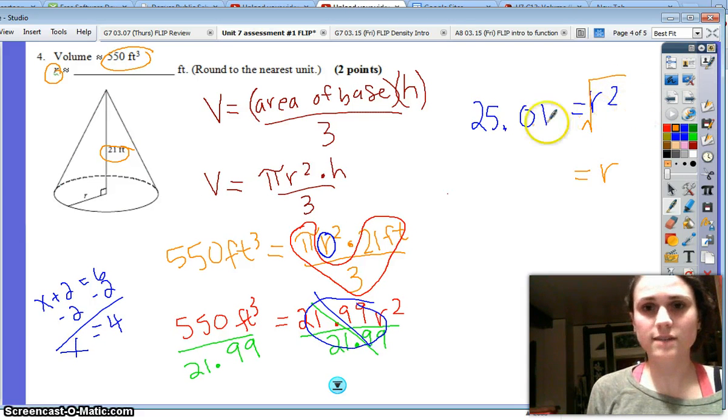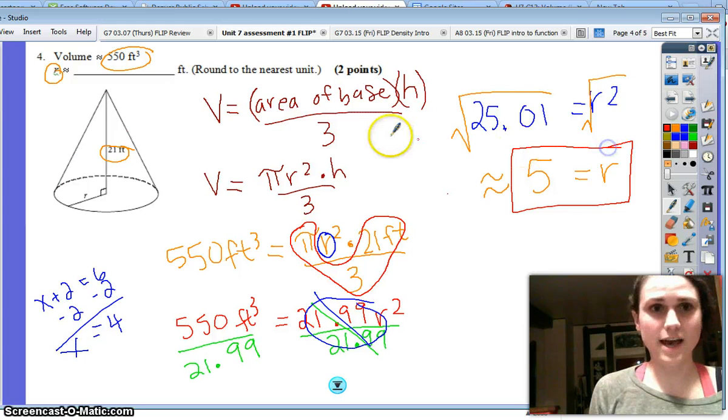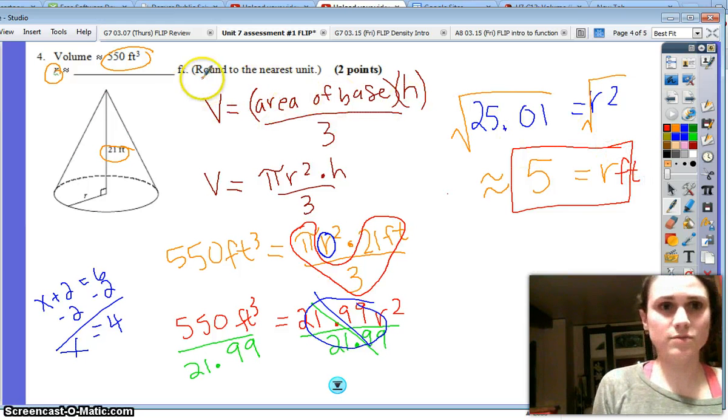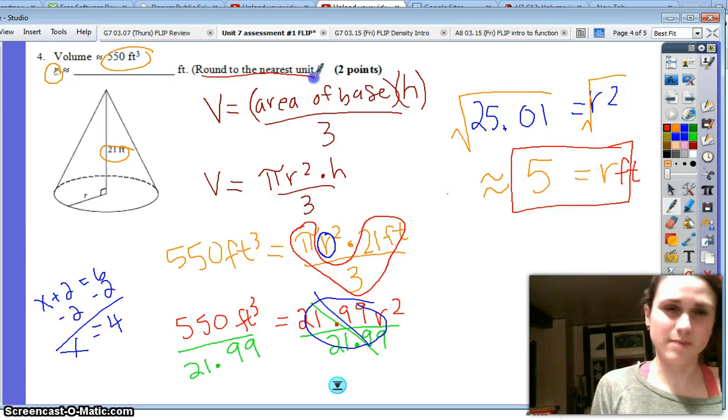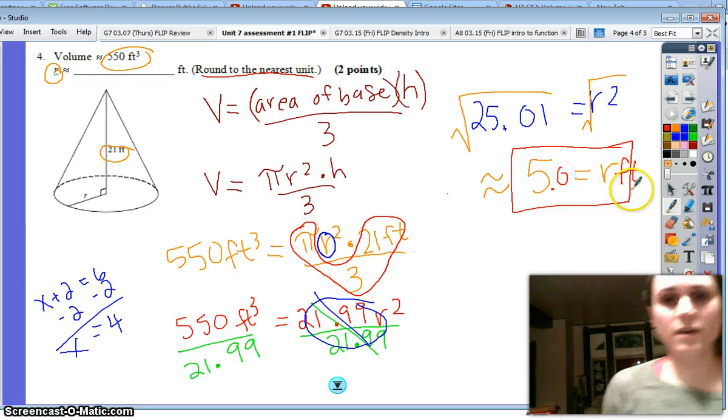Anything I do to one side of the equation, I have to do to the other. The square root of 25.01 is about 5, and the squiggly equal sign means about. So my radius is about 5 feet. I'm being asked to round to the nearest unit, meaning the nearest whole unit, so just 5.0.